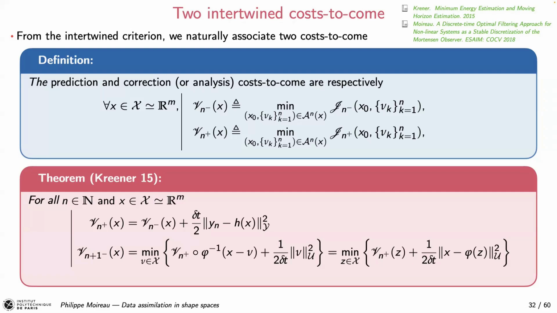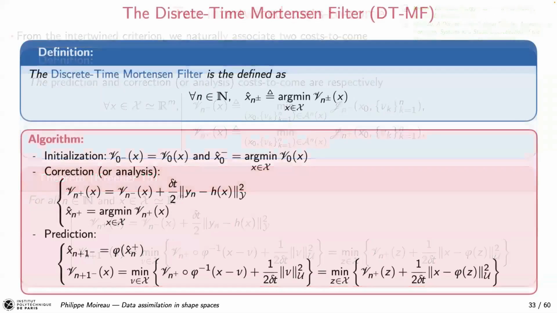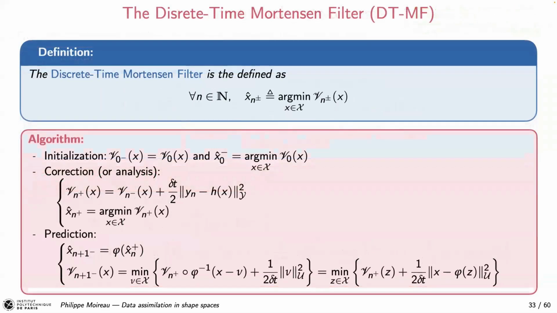You just have two steps in one step, okay? And once you have that, you can define the x plus or minus as the minimum of this value function, and you get an algorithm like that, where you see a correction and then a prediction. The correction only uses the observation, the prediction only uses the dynamics. Okay, so I like this structure where you use the data, use the model, use the data, use the model again.